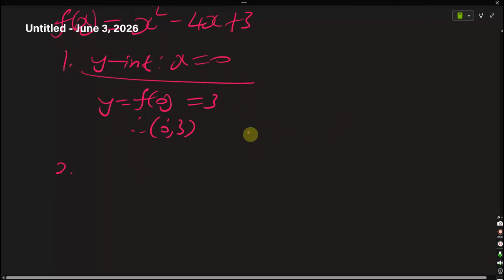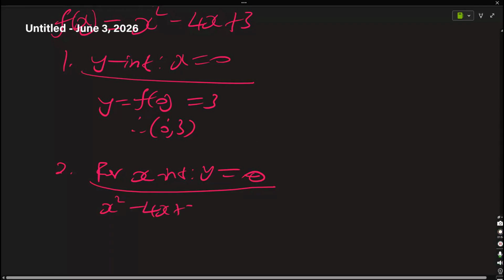And then for the x-intercept, we know that y is 0, and then x squared minus 4x plus 3 is 0, and then (x minus 3)(x minus 1) is 0, x is 3 or x is 1, right?